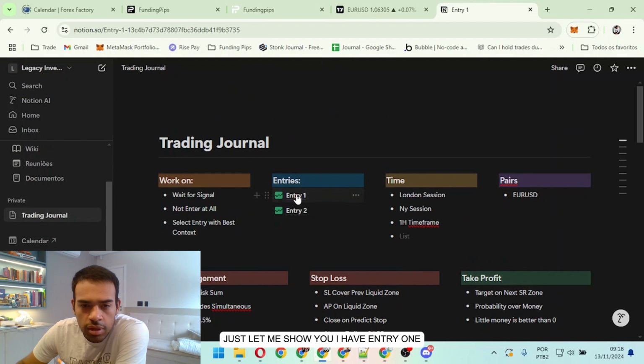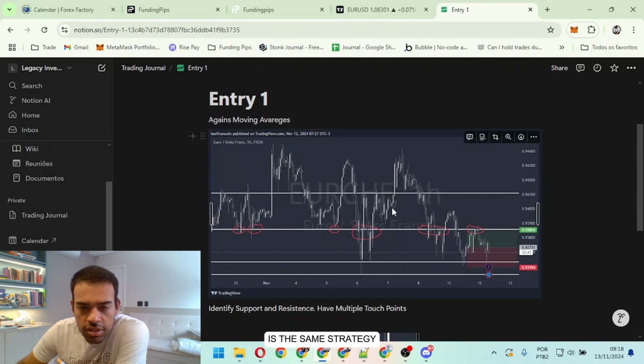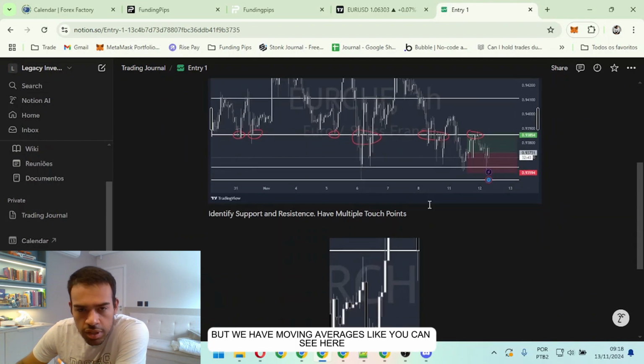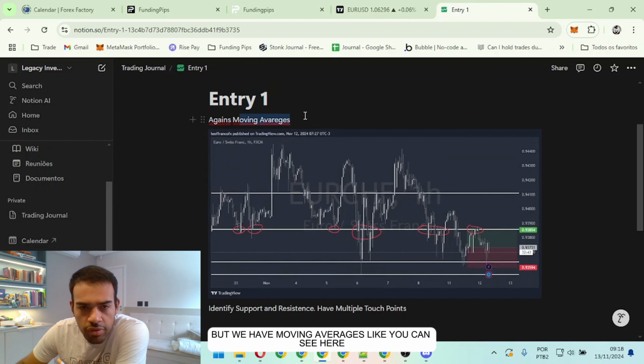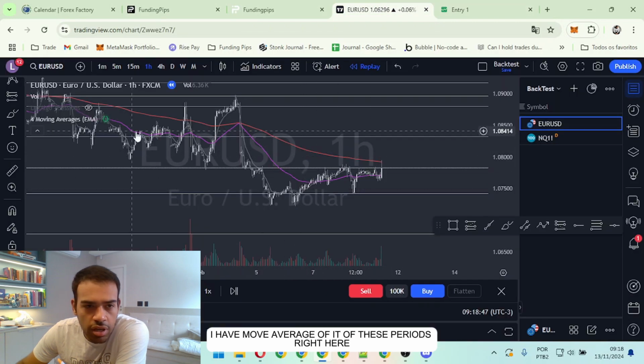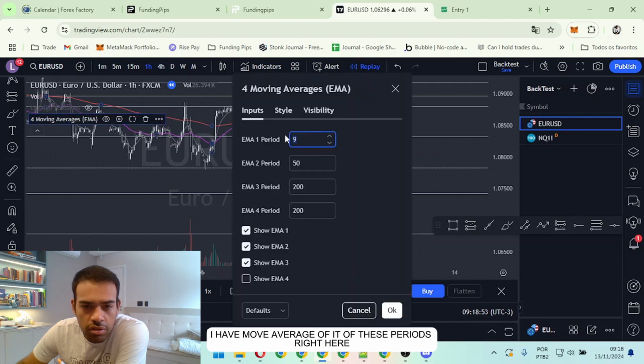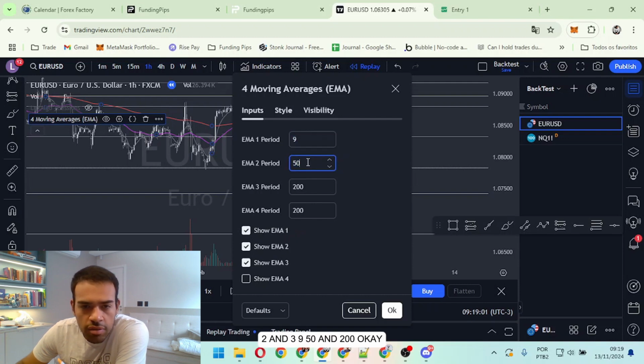I have entry one. It's the same strategy, but with moving averages. As you can see here, I have moving averages of these periods: exponential moving averages 9, 50, and 200.